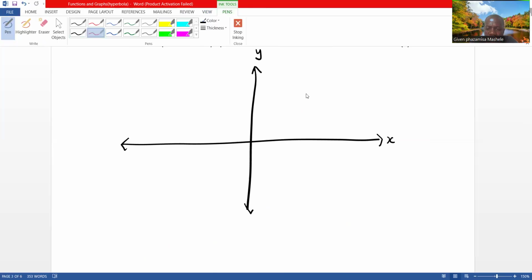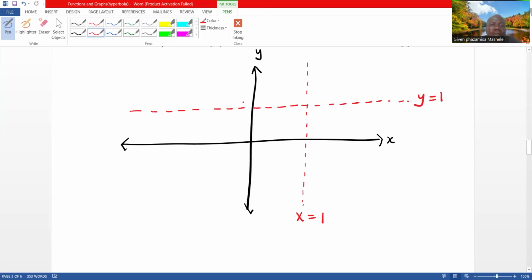So this will be the vertical asymptote, x equals 1. And the horizontal one will be y equals 1. Then what is the x-intercept?